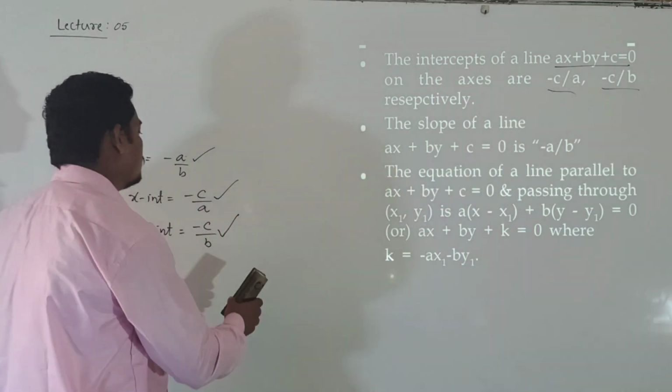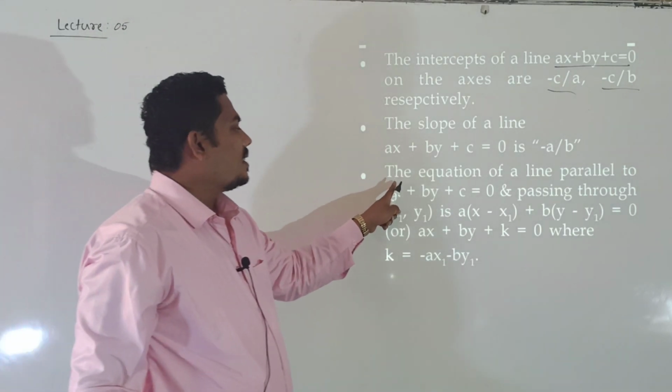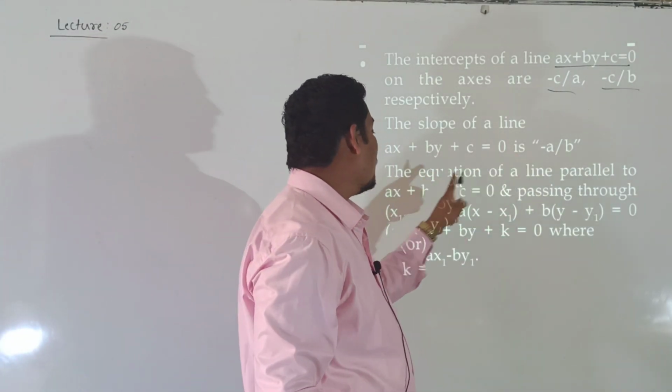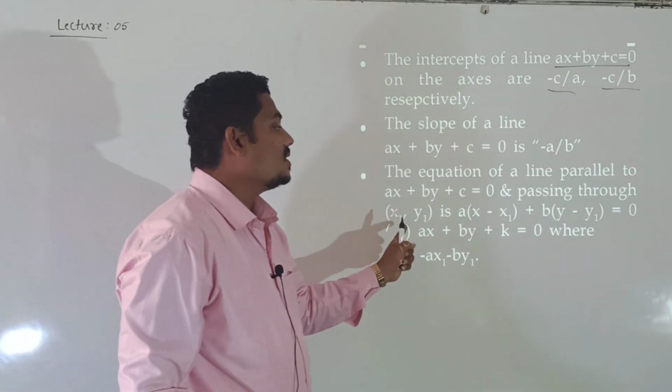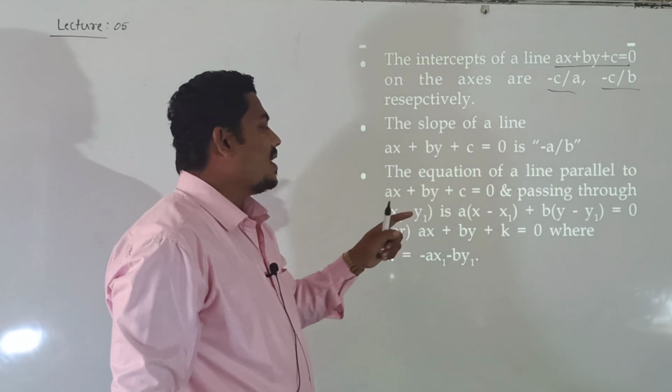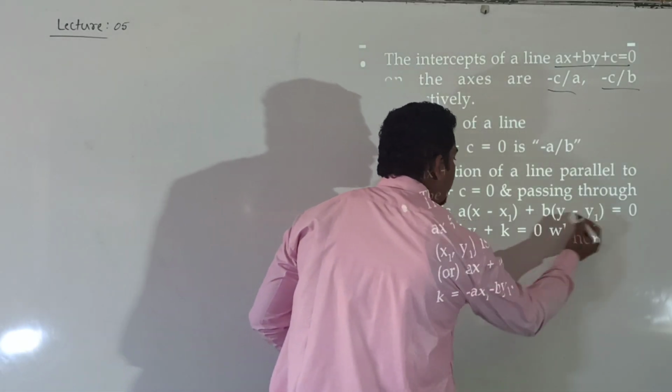Then next point, the equation of a line parallel to ax plus by plus c equal to 0 and passing through (x1, y1). This is a very important one.